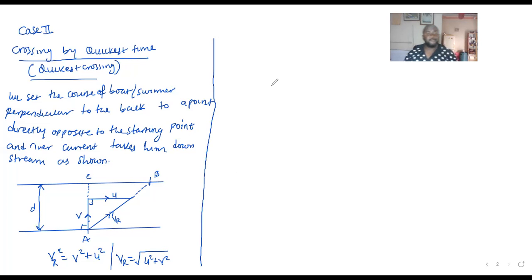Having gotten that, we can find the time from any known distance. The time can be got from SC out of the corresponding velocity V, or from BC out of the corresponding velocity U, or from AB out of the corresponding velocity VR.